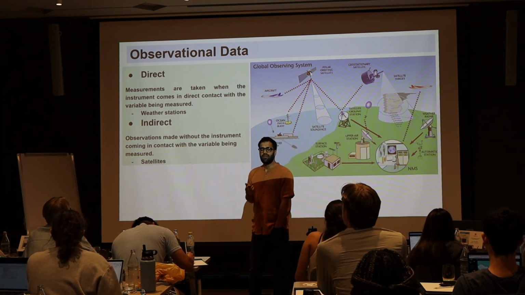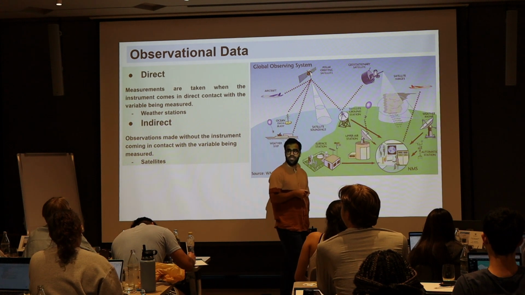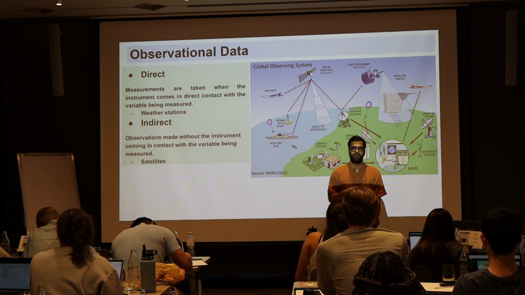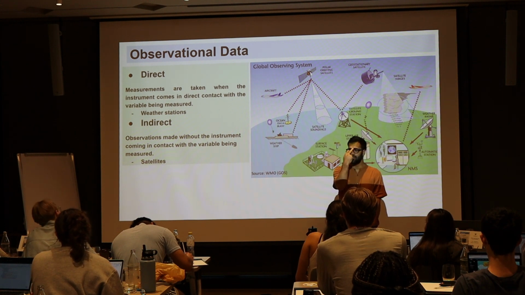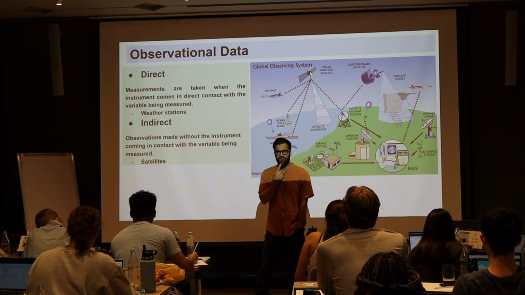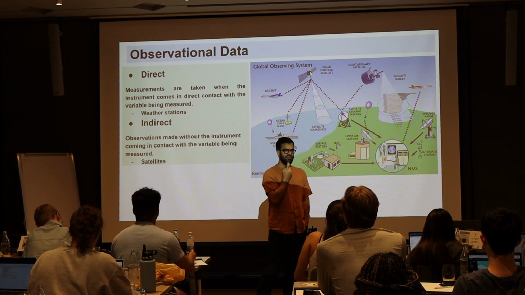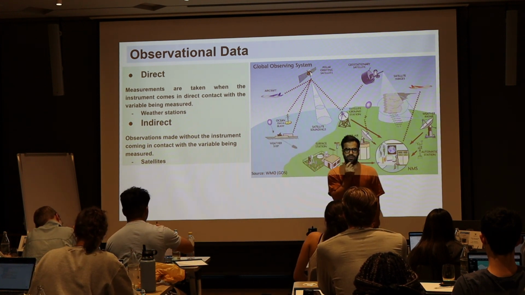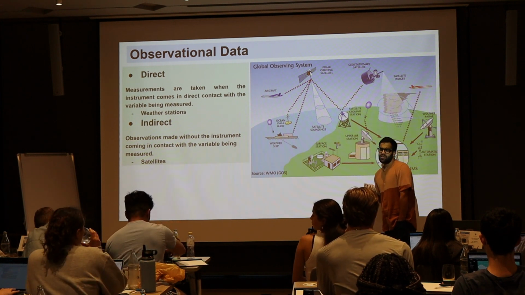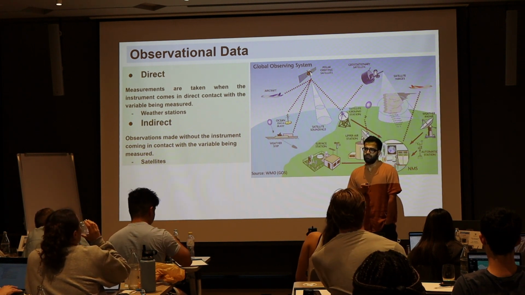Weather stations are basically very expensive. So if you go to the developing nations, you will not see many weather stations or much observational data there. If you go to African countries or any other poor countries, they don't have this kind of facility because these are very expensive, and the operational cost of these instruments is very, very high.